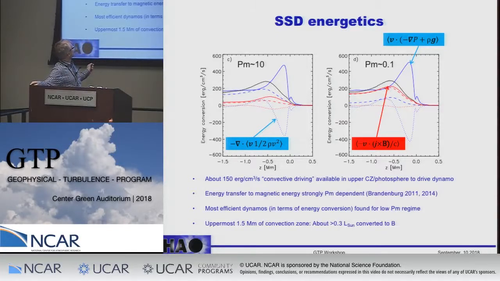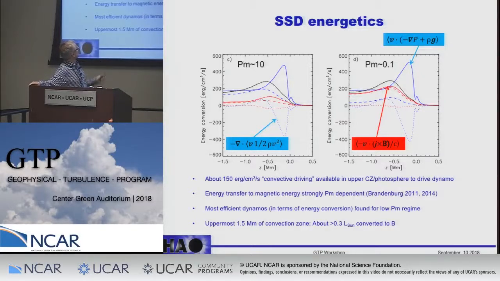This simulation only has numerical diffusivity, so this is a numerical Prandtl number, which I achieve by essentially using more and less diffusive schemes for the momentum versus the induction equation. I can roughly vary it between 0.1 and 10.